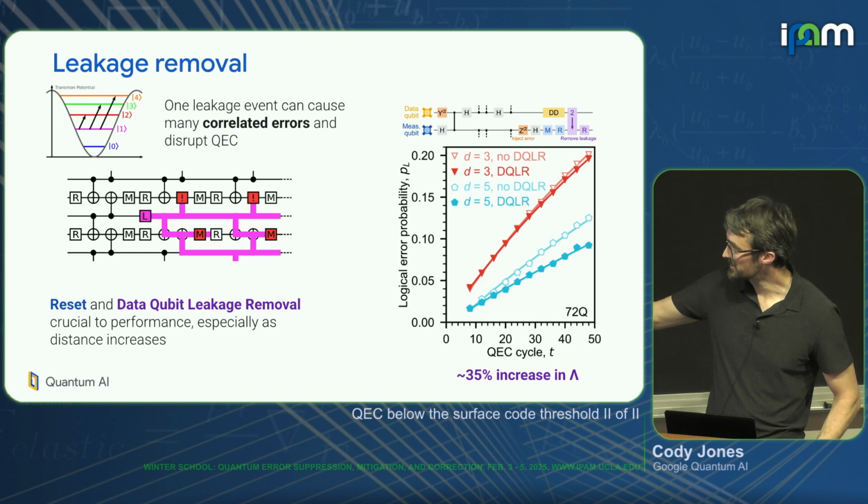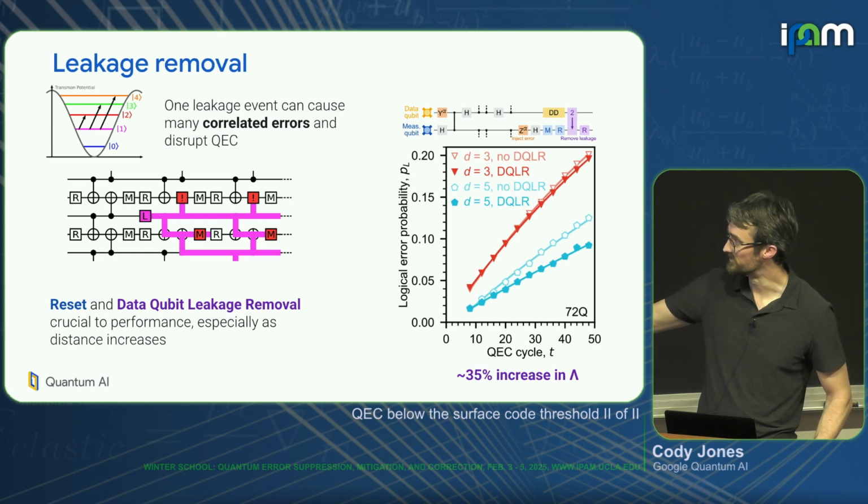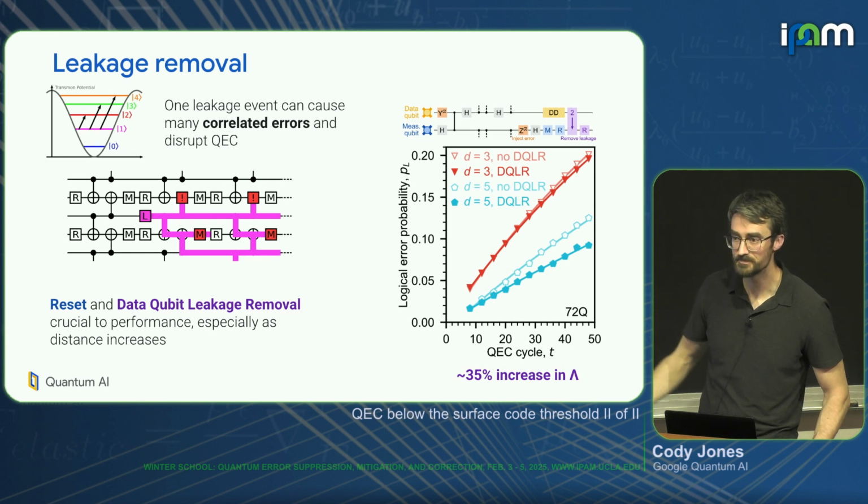And then we add leakage removal onto it. And we do it at the very end of the cycle. So it's only once per cycle, not per physical gate. In particular, it fits into this spot because we need this lower qubit to be in the 0 state. And we know at one point in the circuit that it's in the 0 state, and that's right here because it's right after a reset.